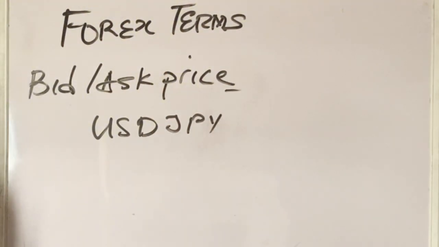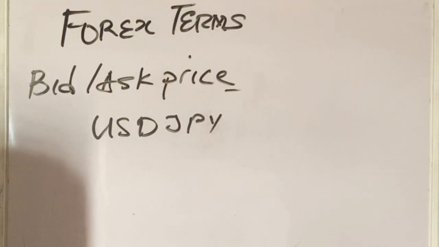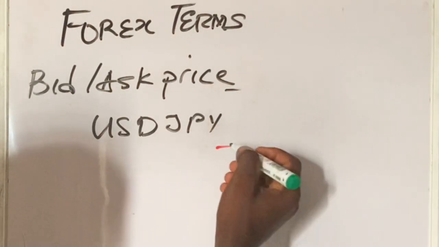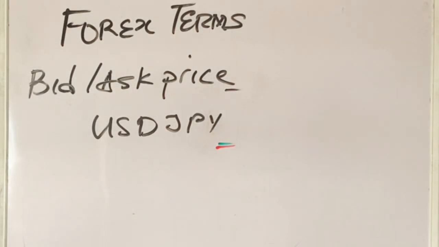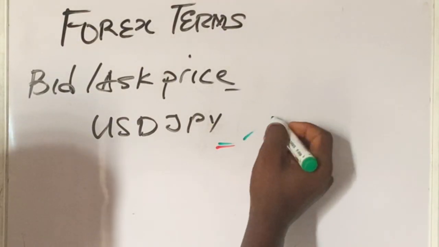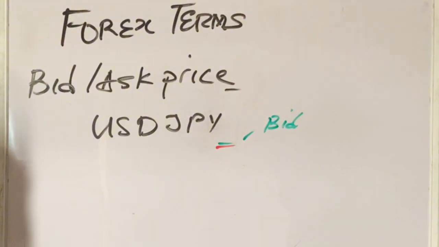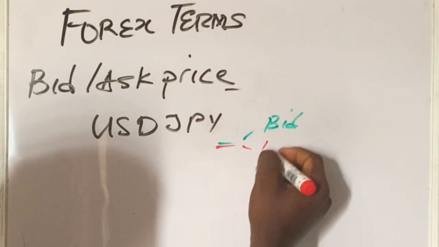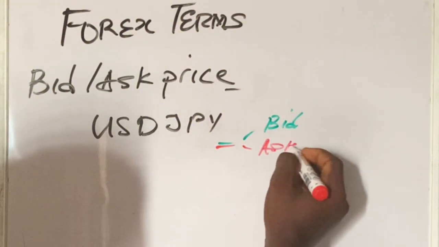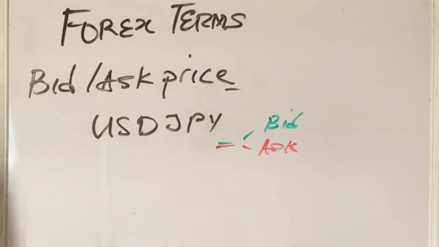Then if you open your MT5, you see that there are two lines there in that price. One is red and the other one is green. It is these lines that are called the bid and ask price. The green one is called bid, while the red one is called ask price. That is the meaning of bid and ask price in trading.